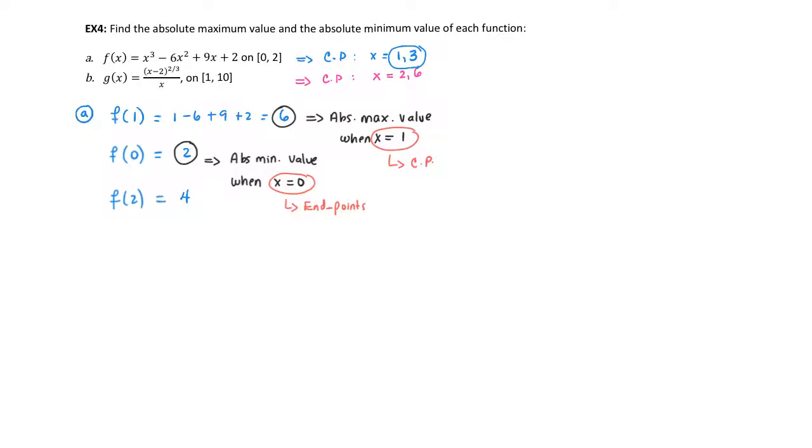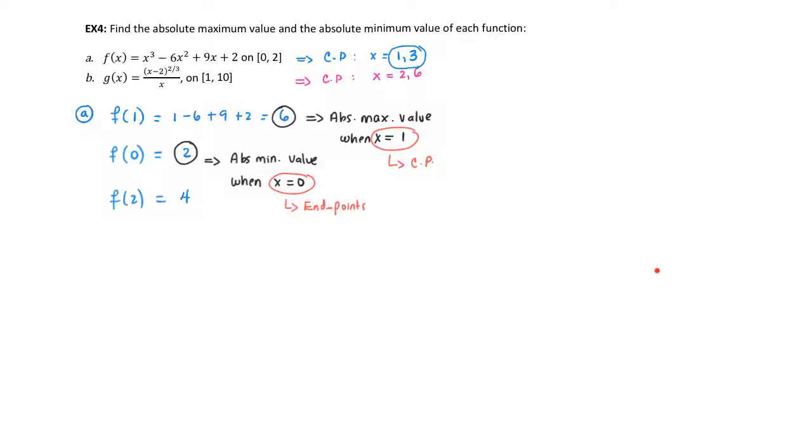So whenever we have a closed interval and the function is continuous in a closed interval, the way that we find the absolute extrema is by calculating the critical points and then evaluating the y values at the critical points that lie in the closed interval AB and also at the endpoints.